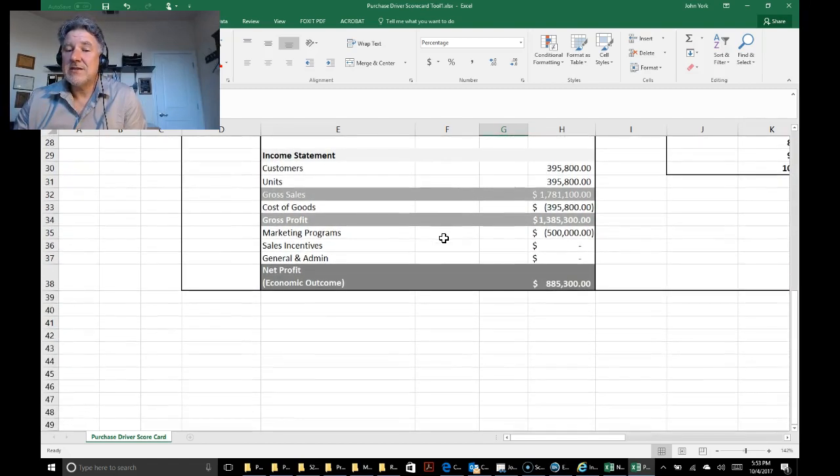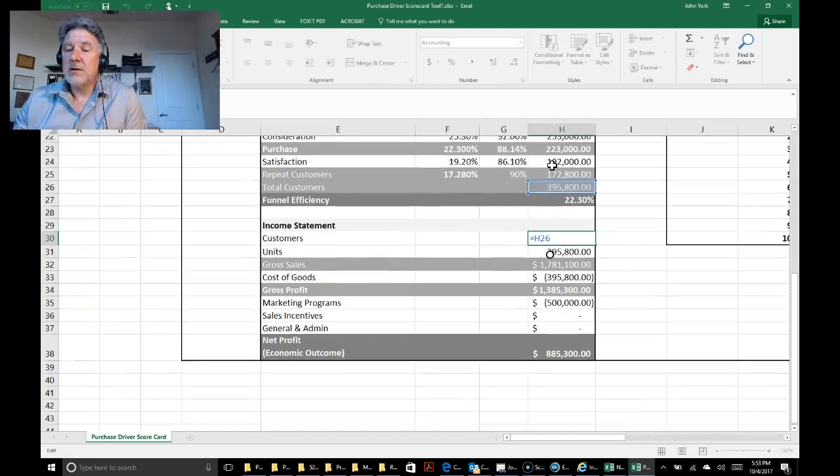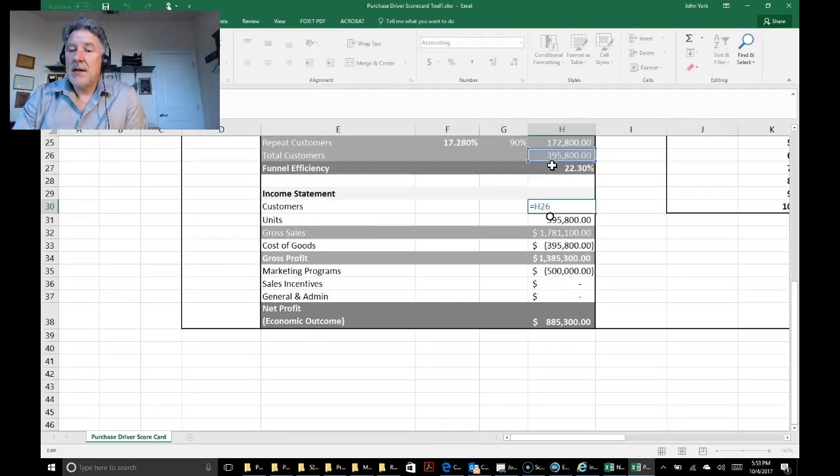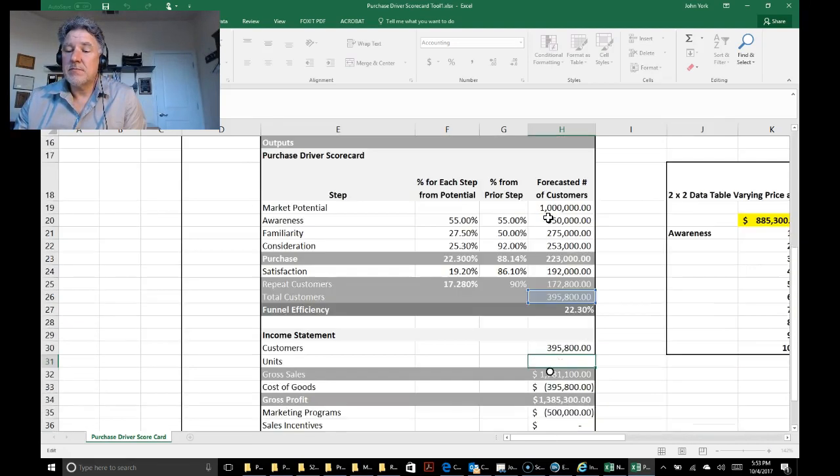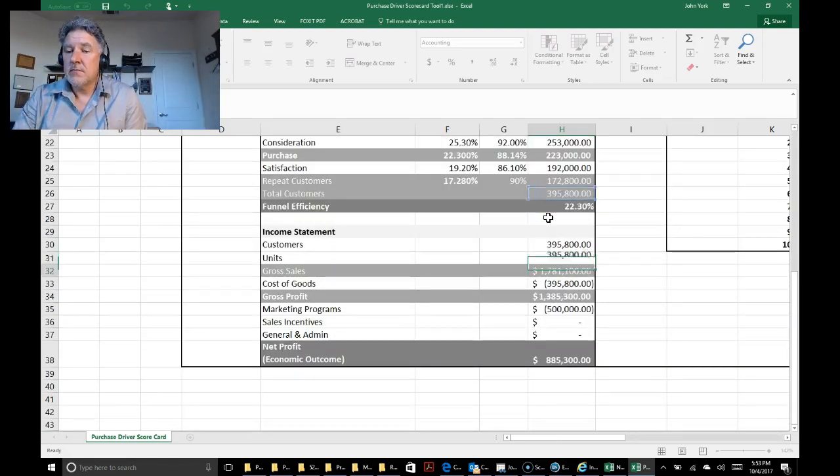Okay, last section is income statement. Okay, and in the income statement, we have those input variables, so we're going to drag down the customers from the total customers. And then we're going to multiply that number by the units per customer. And then we get to calculating gross sales. Now what I could have done is given the price and the discount and put them out.